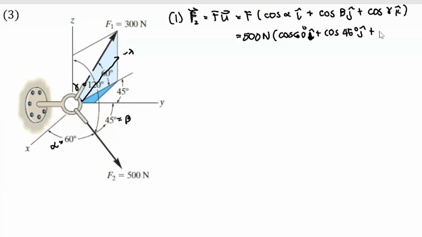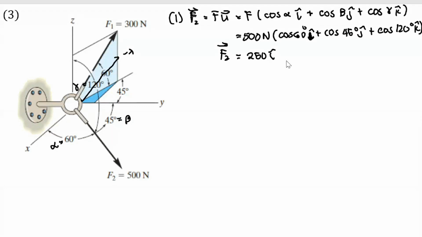The formula is plus. Later on, the negative will come out because it is 120. In the formula it is plus, but it will come out negative later because it is in the negative z. So let's go. 500 cosine 60, what will be the answer? 250. Positive or negative? Positive, Fx is positive, good, because it is in the positive x.